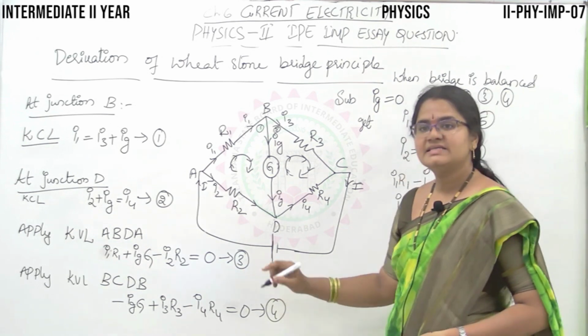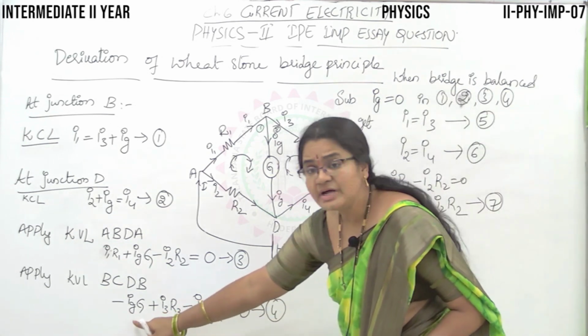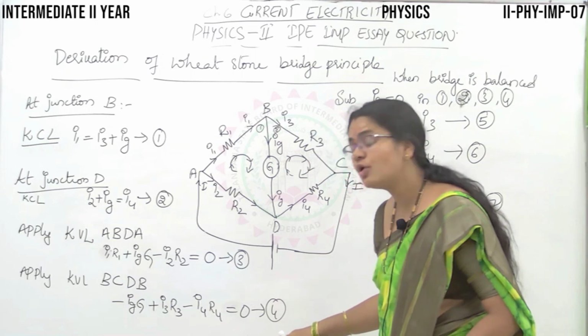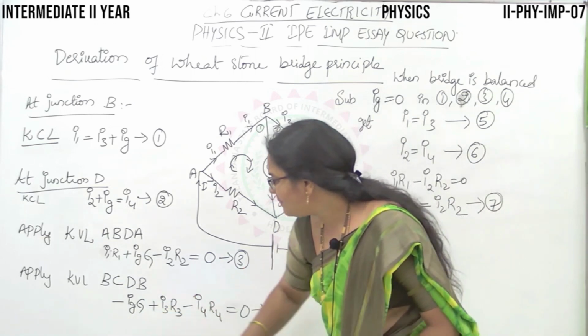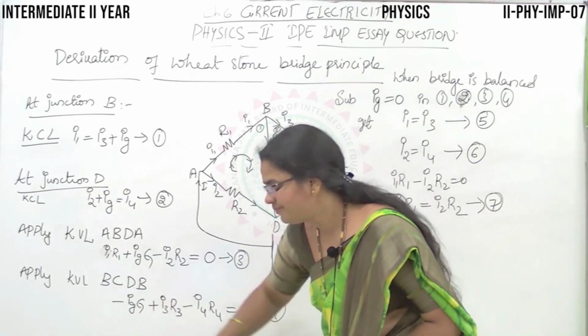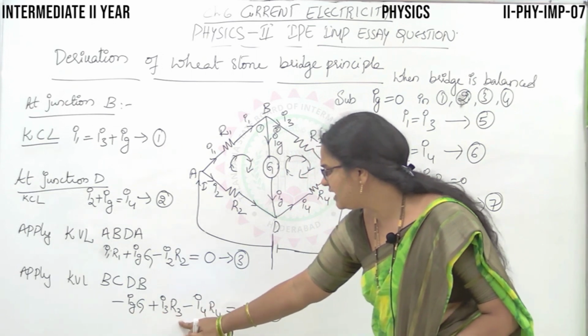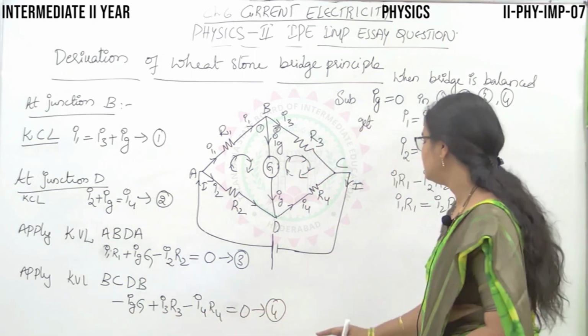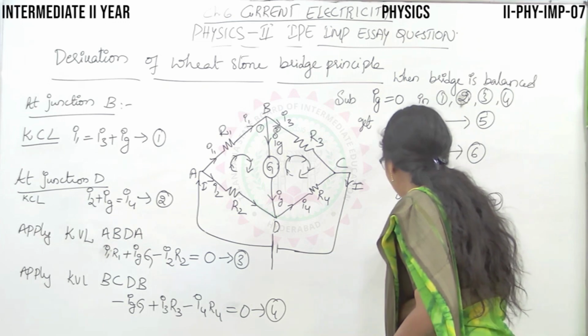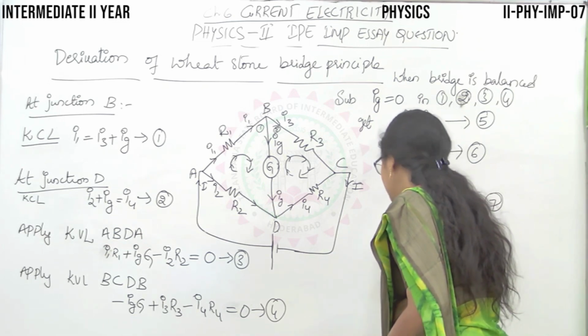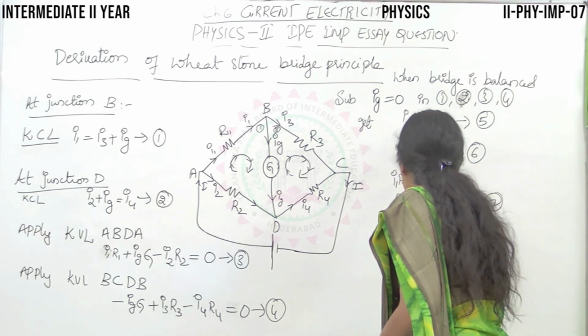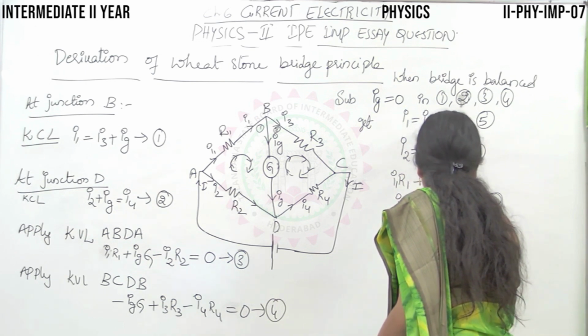Next, again substitute Ig equal to 0 in the fourth equation. Then this term will be 0, and you will be left with I3 R3 minus I4 R4 equal to 0.